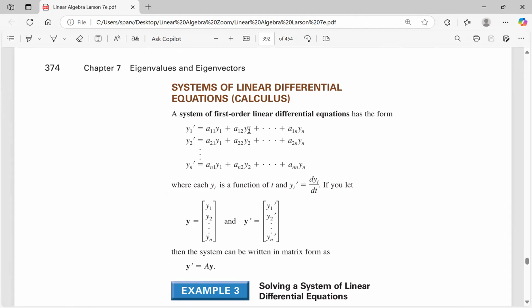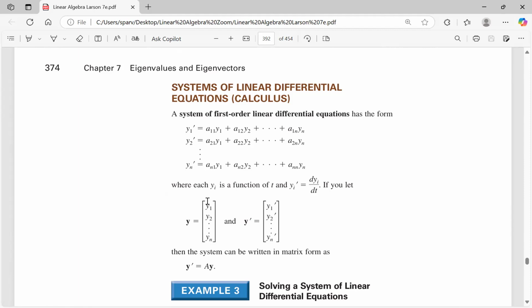It's called first order because you're working with first derivatives. Y sub 1 prime, y sub 2 prime, y sub n prime. Together, these form a system. Now, the general form of this, you see a sub 1,1, y sub 1, and so on.